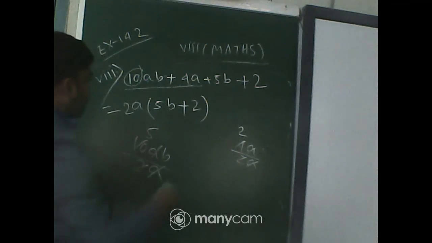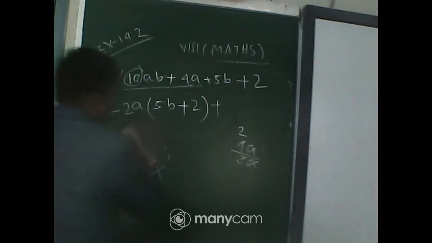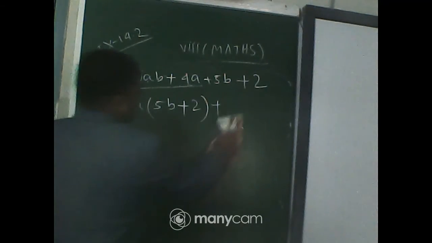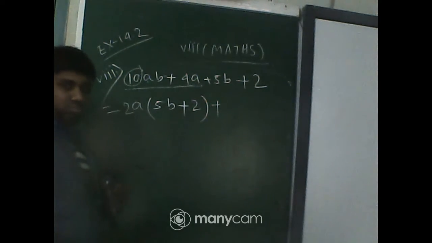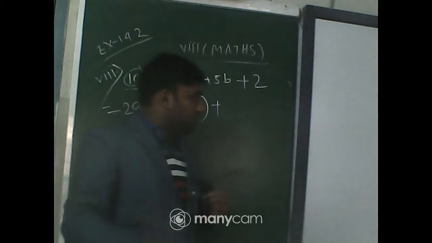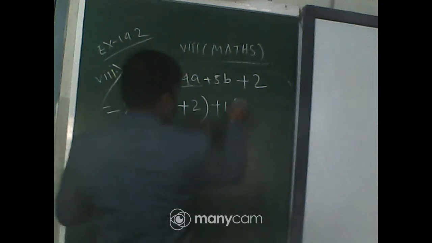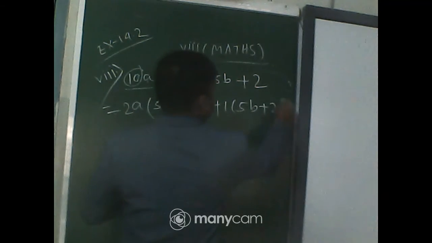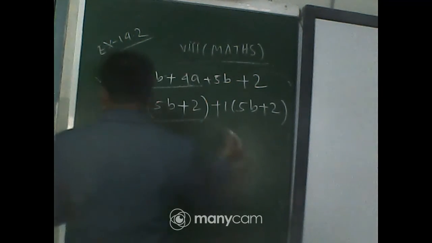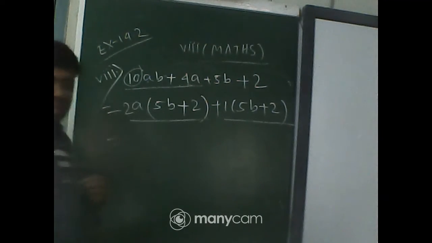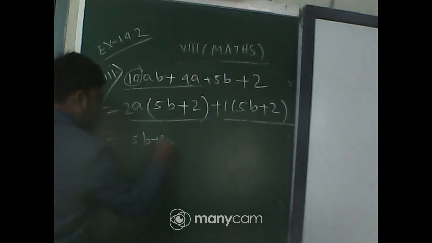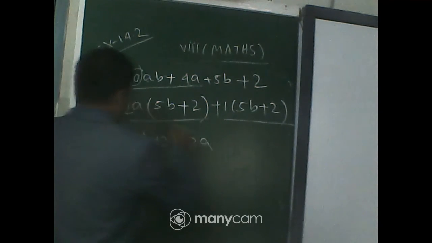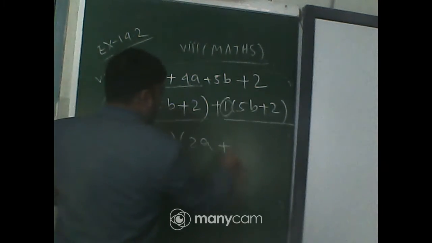Now from the next, that is 5b plus 2. Note that no common part is present in both 5b and 2 except 1. So it is 1 times 5b plus 2. Now it is the first part, it is the second part. 5b plus 2 is the common part. So take 5b plus 2 into 2a, and the remaining part is 1 plus 1.